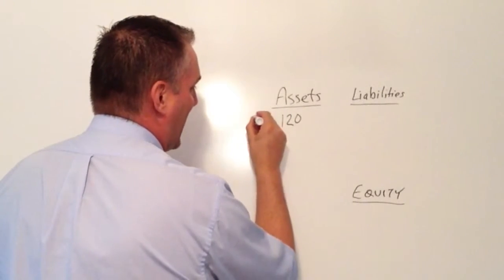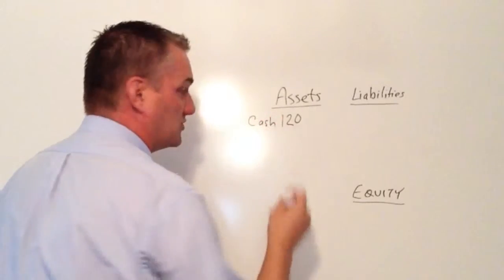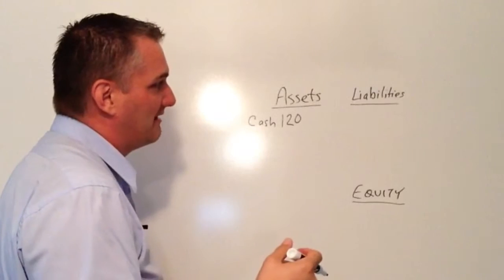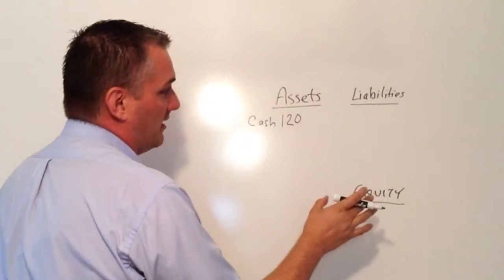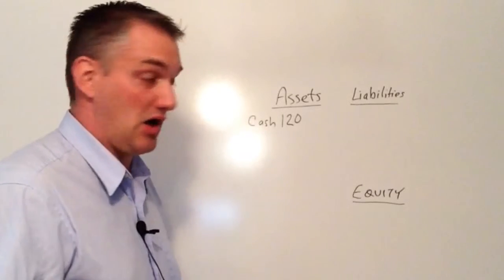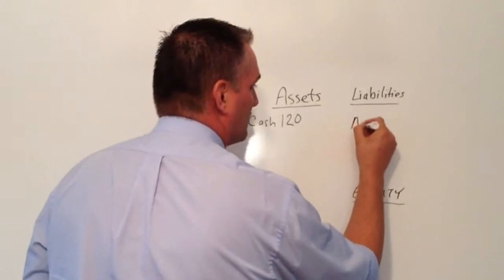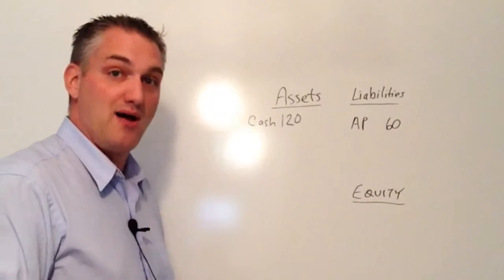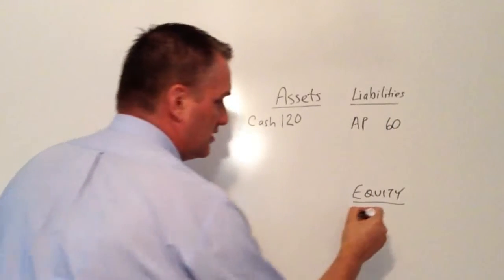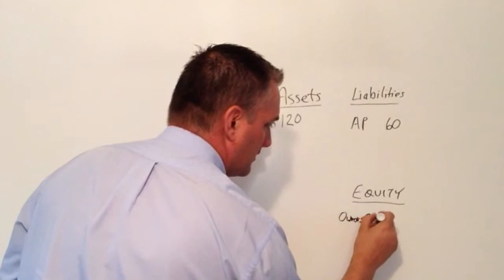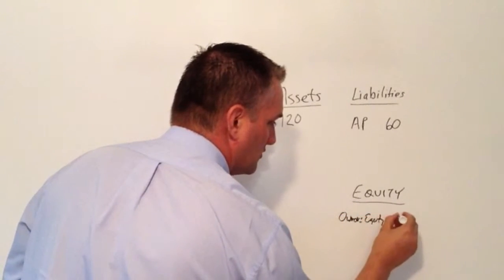So now my cash goes up by $120 because I've accepted this money from you. And let's say that I owe the paint store $60. So now I've got an account payable of $60, and I made a profit of $60 on the paint job. So my owner's equity goes to 60.